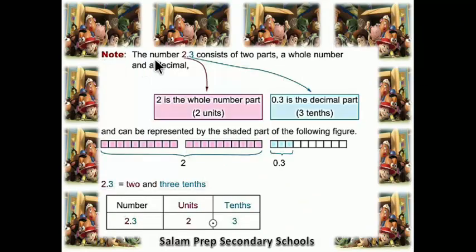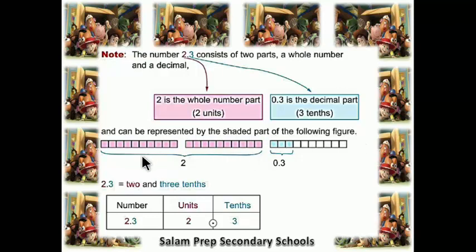Note, the number 2.3 consists of two parts, a whole number and a decimal. 2 is the whole number part, 2 in units. 3 in the decimal part, 3 in the tenths place, and can be represented by the shaded part of the following figure.